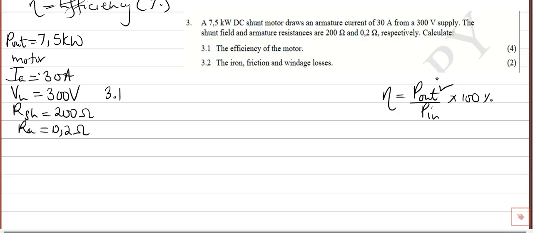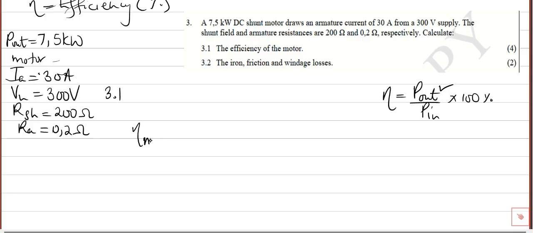So part of the things which we may need to consider is finding input power. Maybe if you don't want to find the formula for input power, then you may consider using the whole equation for efficiency in a motor.